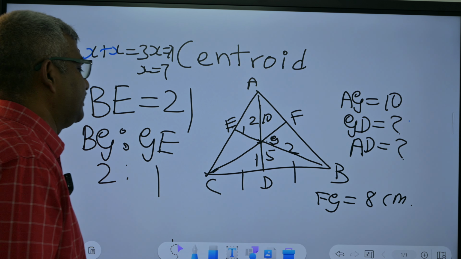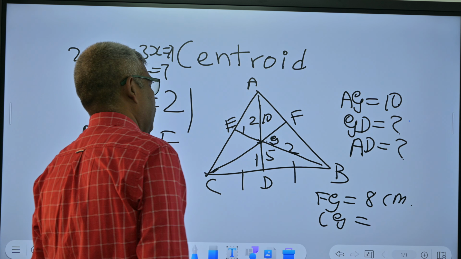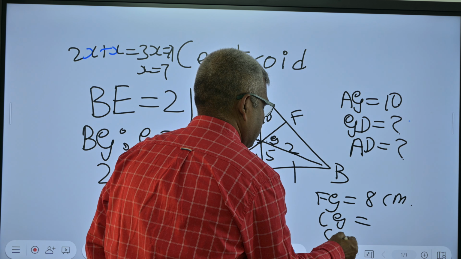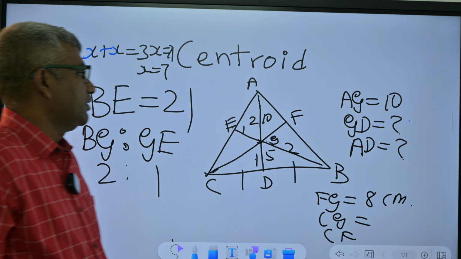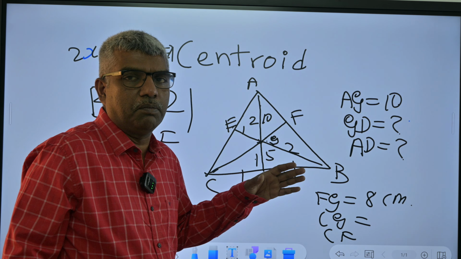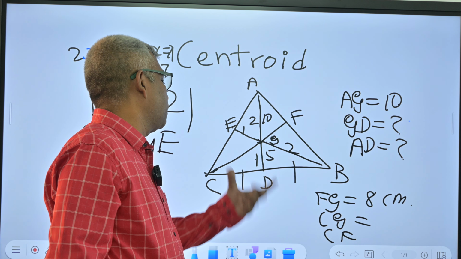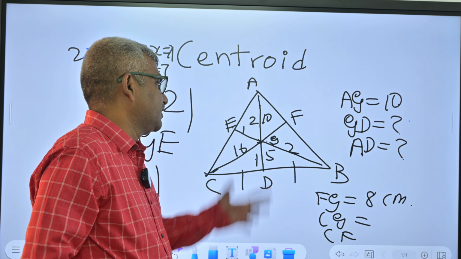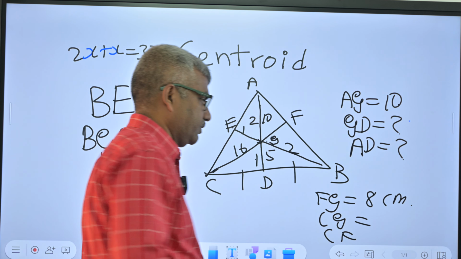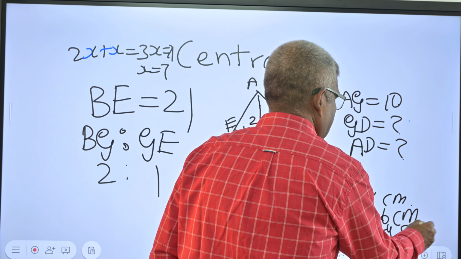What is CG? What is CF? FG is 1 part, 8. So this is 2 parts. CG is 16. CF is 24. Got it?